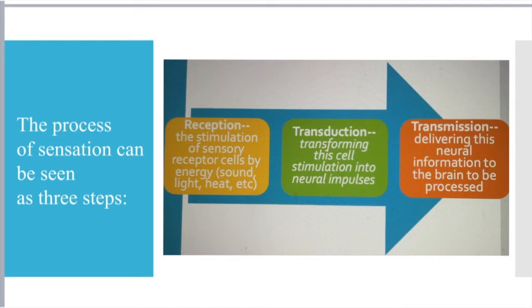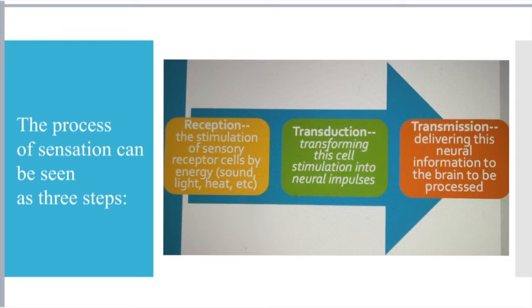Reception is the stimulation of sensory receptor cells by energy, whether that be sound, light, heat, whatever it might be. That's like our receptor cells taking in some sort of stimulus, right? That's reception. Then we see transduction, which is the transformation of this cell stimulation into neural impulses.